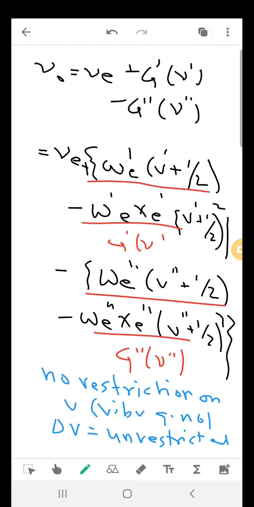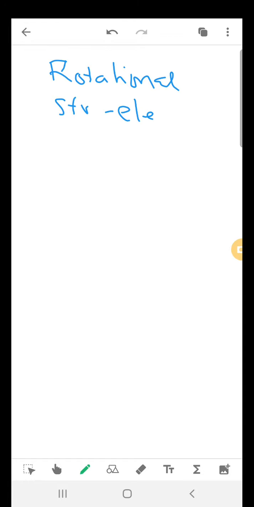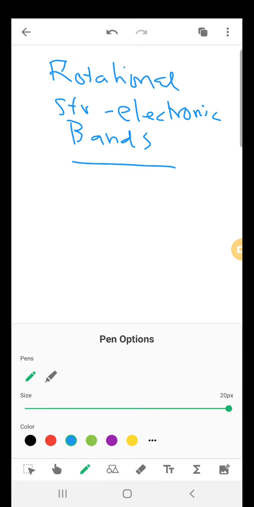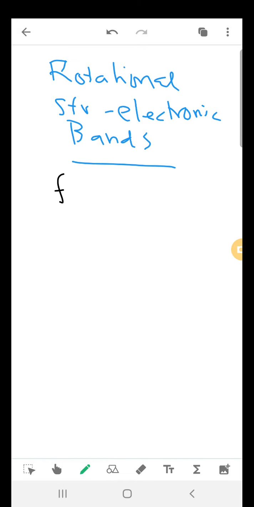Now, considering the rotational structure of electronic bands, the fine structure of the individual bands is attributed to the rotation of the molecule.